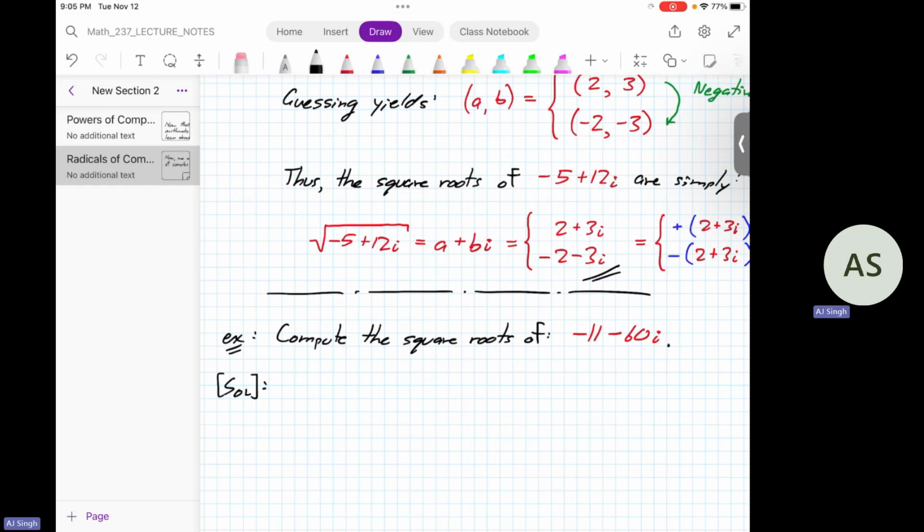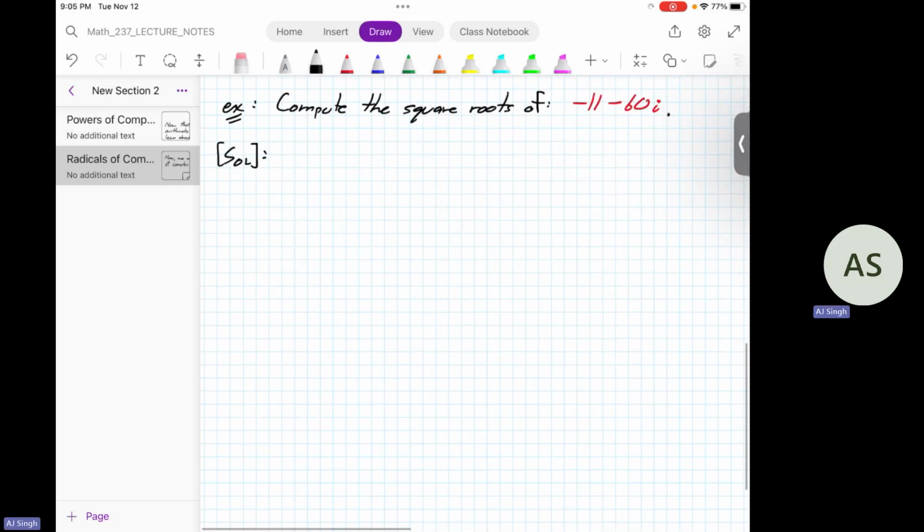So take a few minutes, try it out yourself, same methodology, write down the answers, and then unpause the video, and then you can compare your solution with my solution. Okay, let's see.